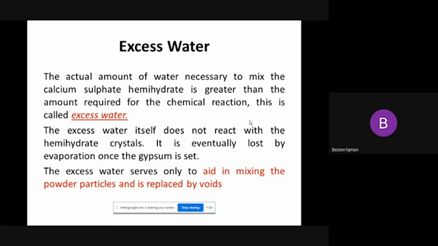That's why you need to decrease the water powder ratio. The only advantage of excess water in mixing is easier mixing, but the disadvantage is porosity.